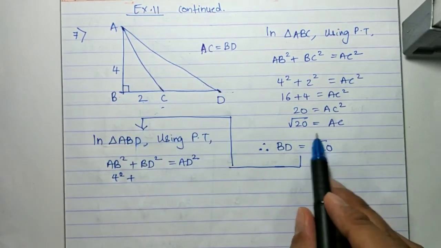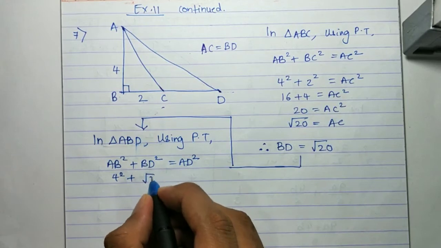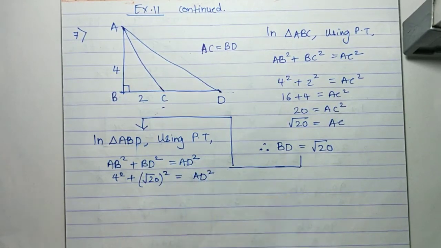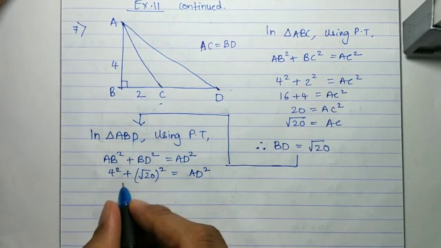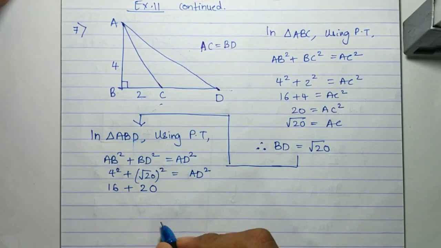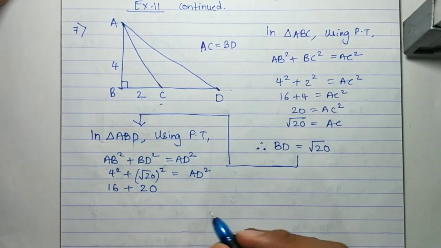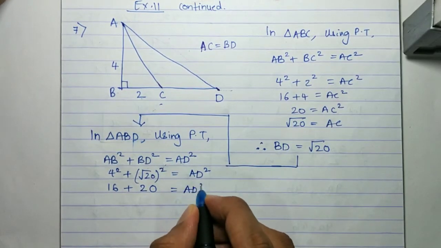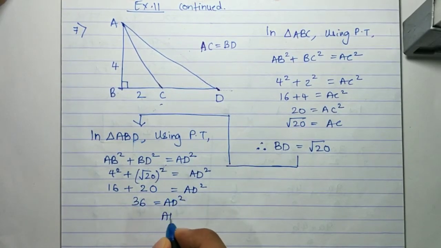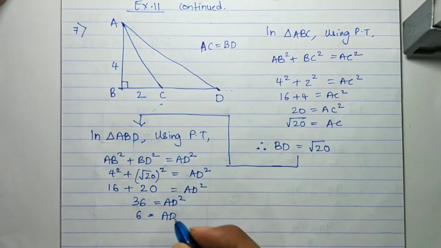BD now we know is root 20. Root 20 square equals AD square. What is 4 square? 16 plus root 20 square is 20. See, this root and square will get cancelled. Equals AD square. So 36 is equals to AD square. So AD is 6.